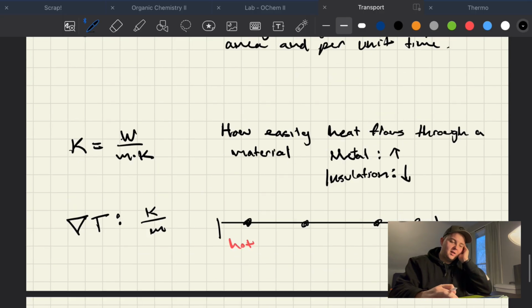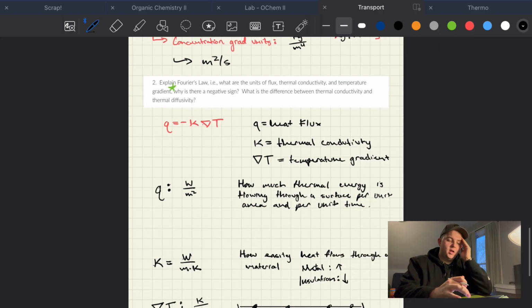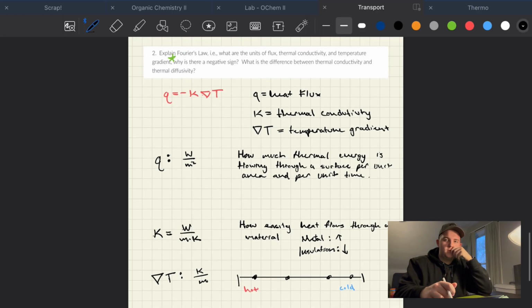So without the negative sign in the equation, we wouldn't necessarily be able to use the law, just because of it not modeling actual scenarios that happen day to day.